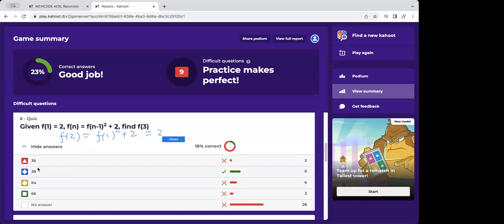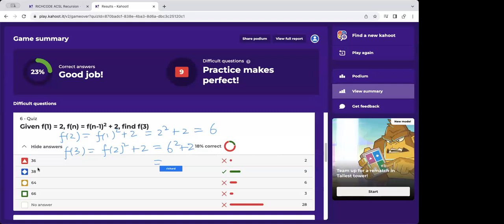So this is 2 squared plus 2, which is 6. And f(3) is f(2) squared plus 2, which is 6 squared plus 2, which is 38. So 38 is the answer for this one.